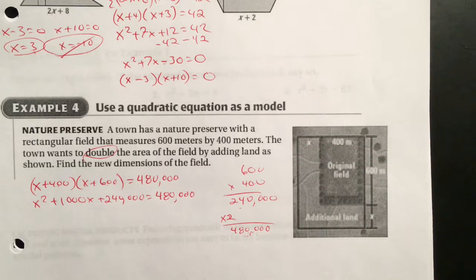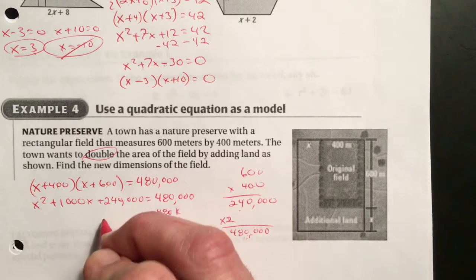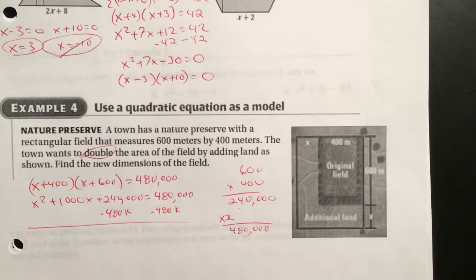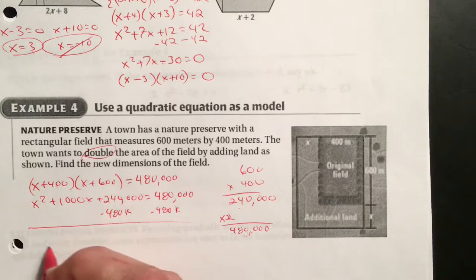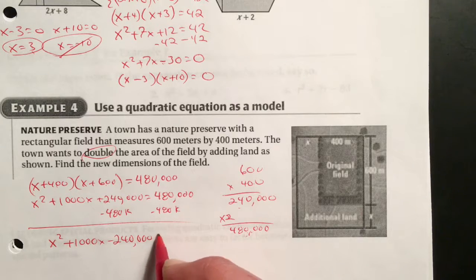So just hang in there for a second before you panic. I got to bring the 480,000 over by subtracting, so 480k. I'm going to just shorten this up by saying 480k. The video can only be so long. So now I have x squared plus 1,000x, minus now 240,000, equals 0. Hey, we're there.